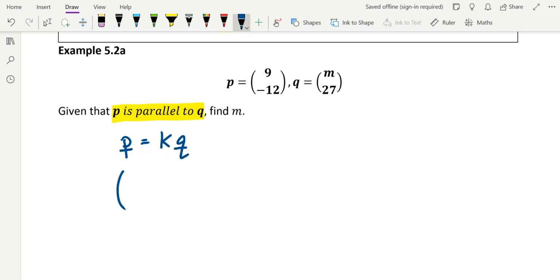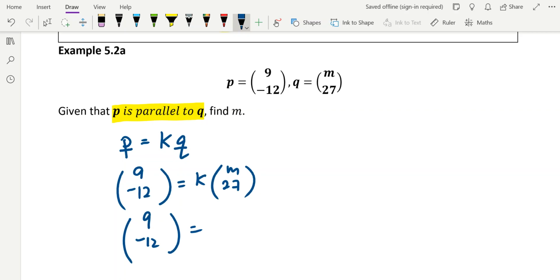So (9, -12) is equal to K times (m, 27). This means that (9, -12) is equal to (Km, 27K). The X compares to the X. Now I compare the Y value, because the X value has two unknowns, so I say that -12 is equal to 27K.